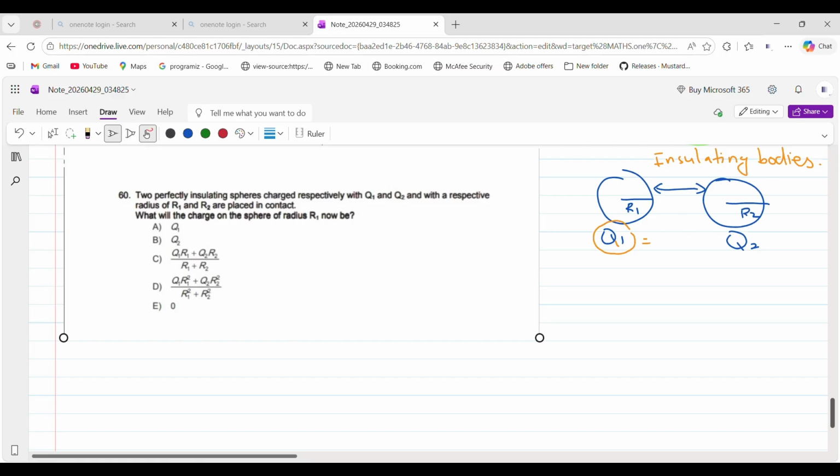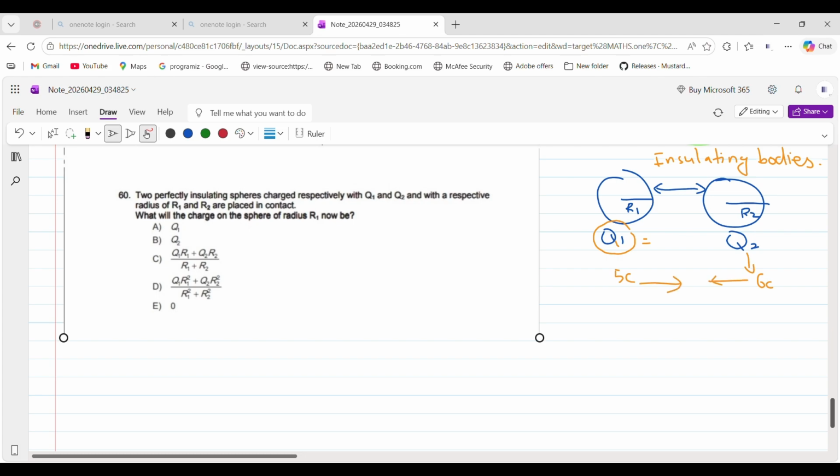For instance, it has a charge of some 5 coulomb and it has some charge of 6 coulomb. So when placed in contact, they both come in contact with each other, so they are going to distribute their charges to each other.